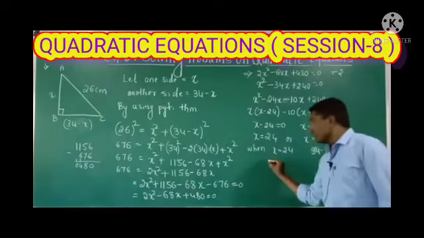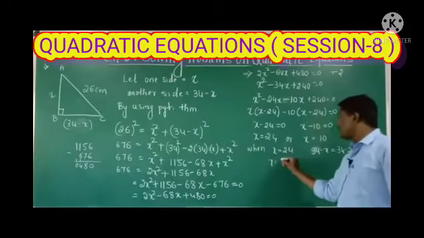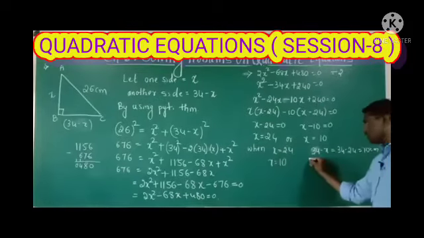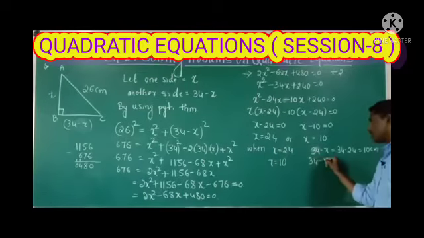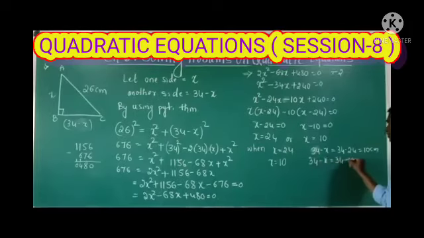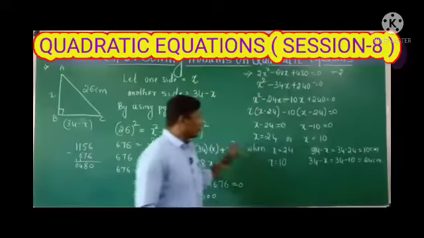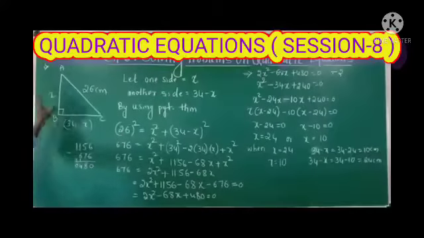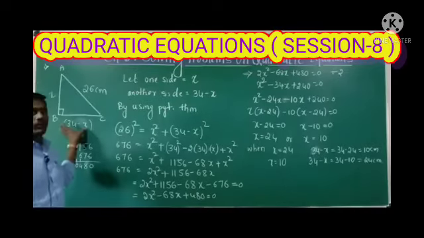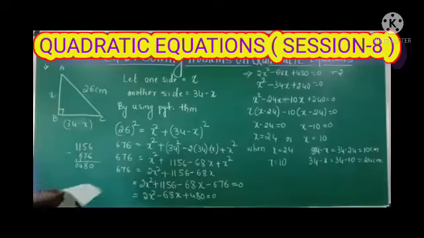Or if you consider x as 10 centimeter, then the other side is 34 minus x, that is 34 minus 10, which is equal to 24 centimeter. So there will be two possibilities here. If one side length is 10 centimeter, then the other side is 24 centimeter. If BC is 10, then AB is 24. If AB is 10, then BC is 24. There will be two possibilities.